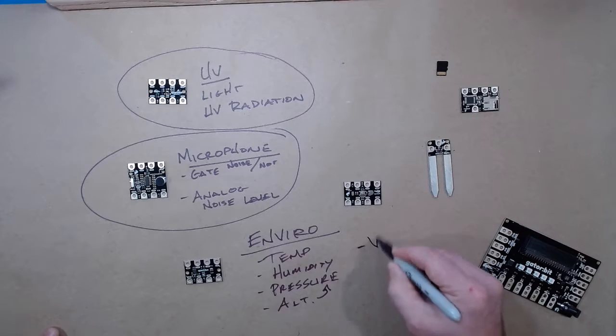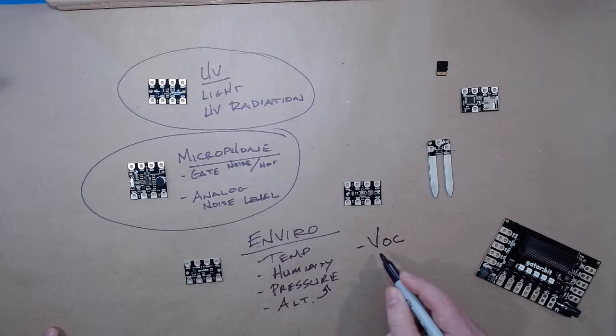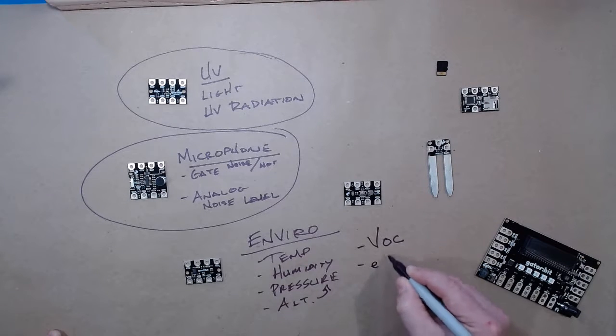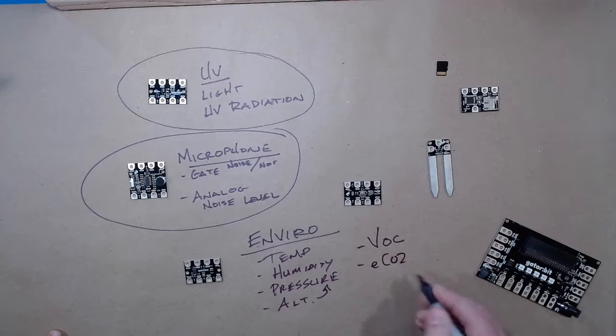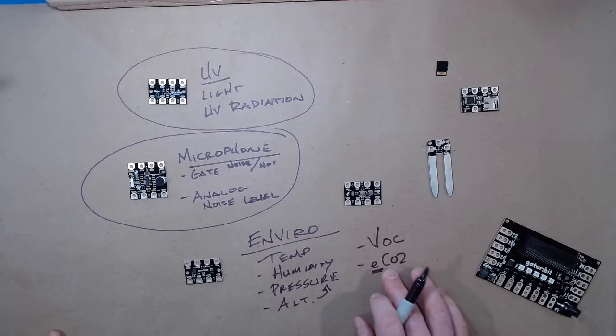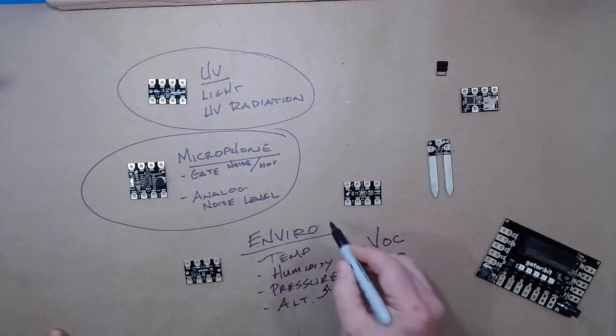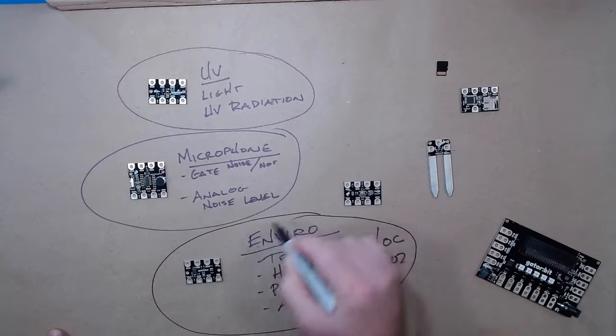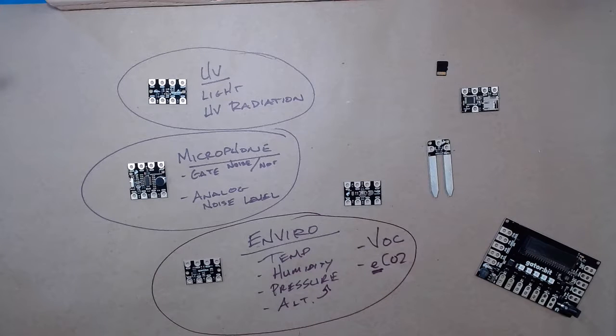You get VOC readings, volatile organic compounds. You get CO2, and that is an equivalent CO2. So this is not an actual CO2 sensor, but it gives the equivalency of what that CO2 reading would be. So you get all of these from this single board. So this essentially is an environmental monitoring board in itself when combined with the Gator:bit.